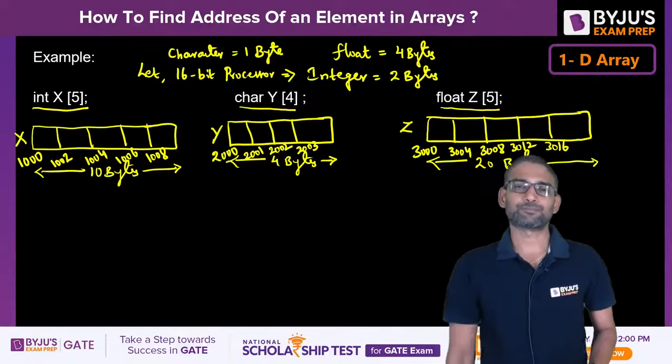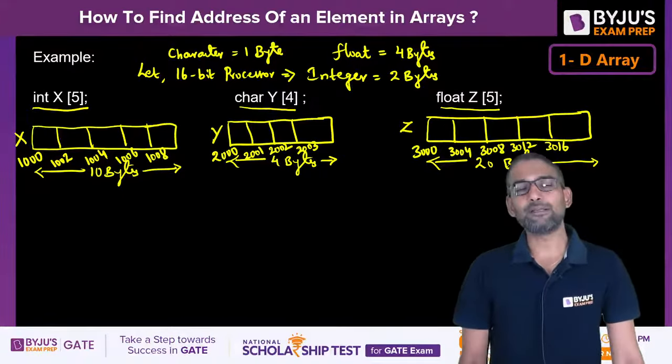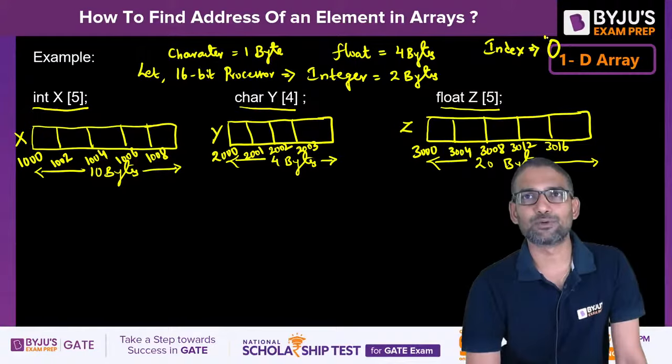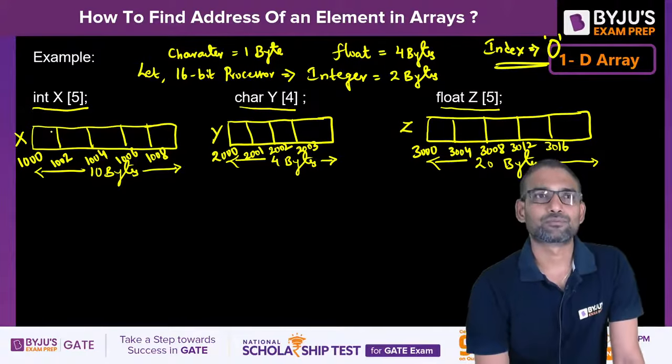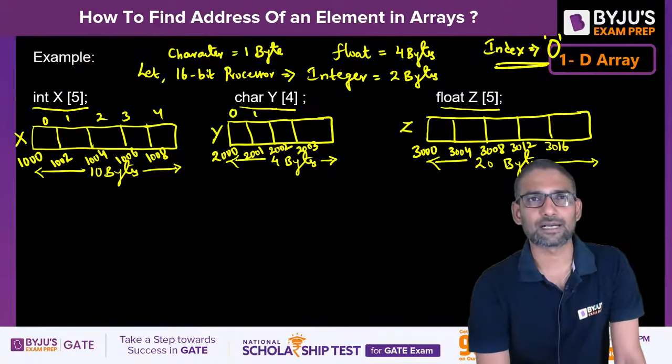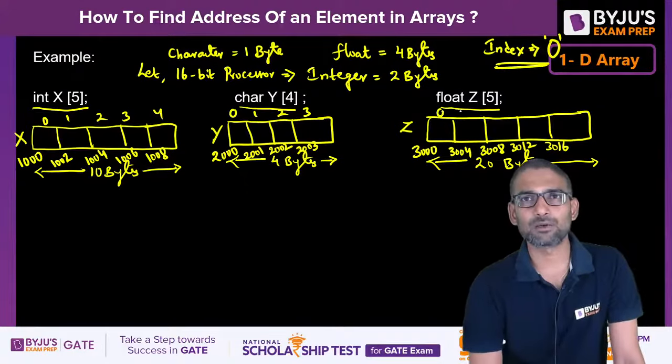Isn't it? So here if I am taking the index as the default index, if the index starts from 0 for each array, these are the indices we will have.